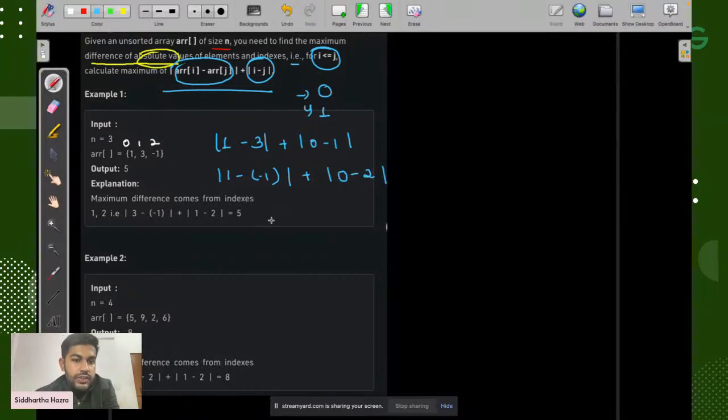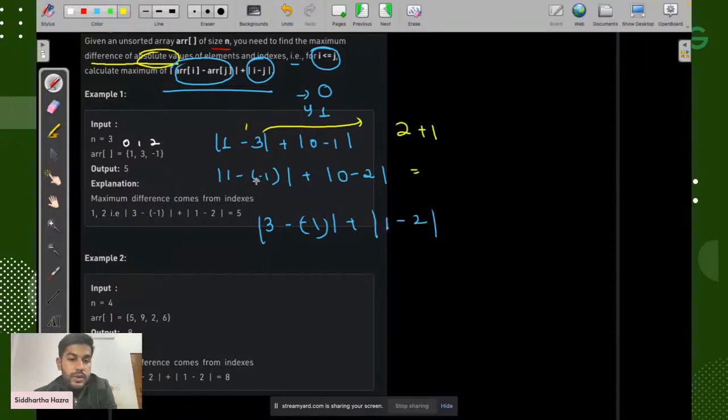Now 3 can be mixed up with minus 1 only, so minus 1, and the value would be 1 minus 2, and the last value can't be mixed up. So we can say that the value from this would be 1 minus 2 is equal to minus 2. The absolute value would be 2 plus 1, that is 3. So 1 plus 1, okay, like minus minus plus.